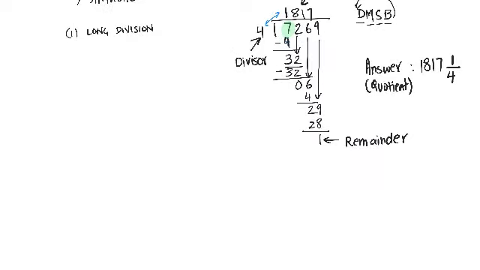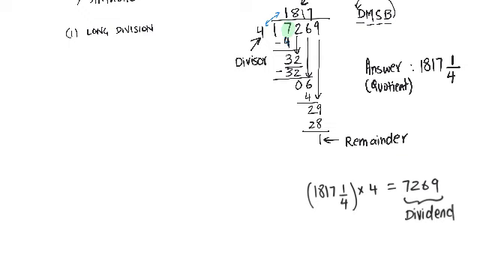And I'll also remind you that if I now take that answer and multiply that by 4, then I'll get back the number 7,269, which is inside the box there. And by the way, that is called the dividend. So we have this vocab that we're going to be using: dividend, which is this number, divisor, which is the number we're dividing by, and the quotient. And of course, we also have the remainder.